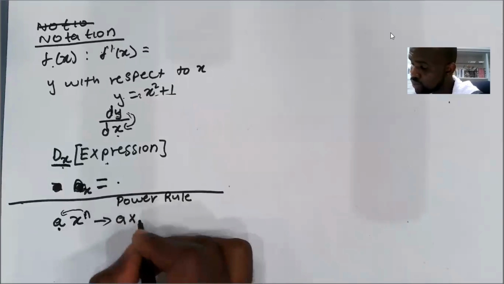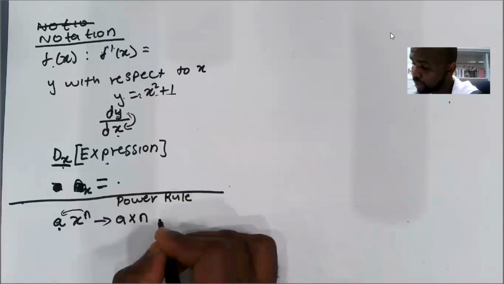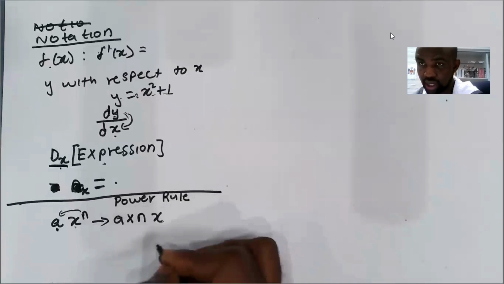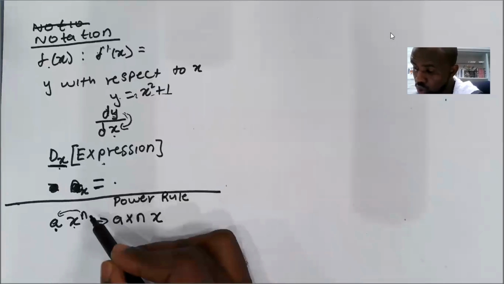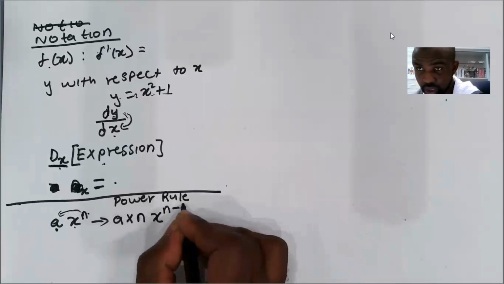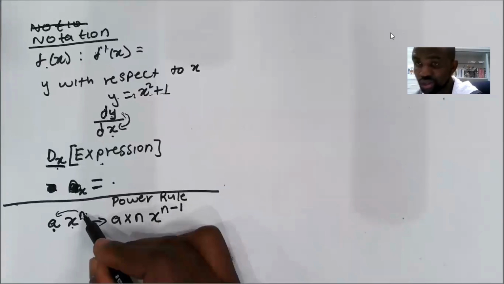And then bring back our variable there, which is x. And then we take this n and minus it by 1. We are saying n minus 1.